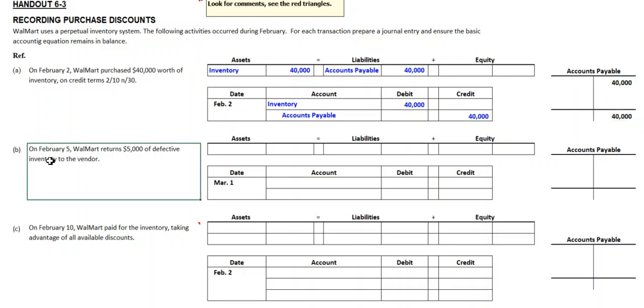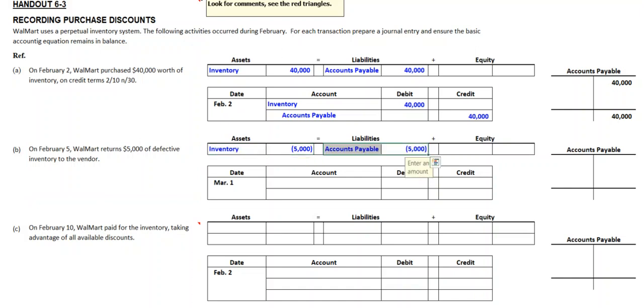On February 5th, Walmart returns $5,000 of defective inventory to the vendor. So we need to take that inventory out of assets, so we've got to reduce assets and inventory by $5,000. And since we've returned it, we no longer owe the vendor $5,000, so we'll reduce accounts payable by $5,000.